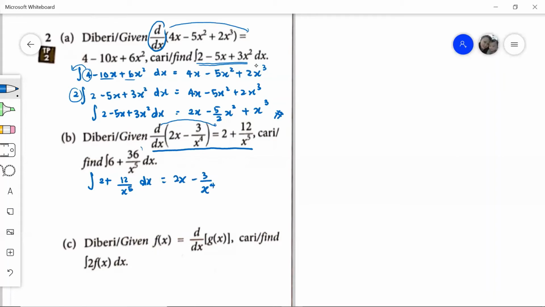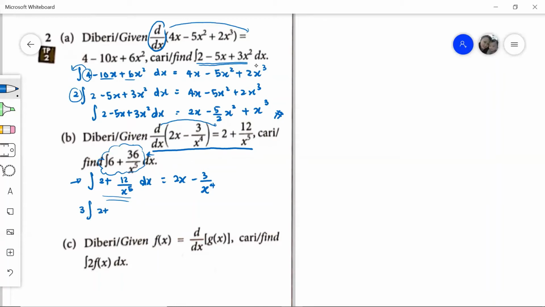Now let's compare the question and the expression that we just formed. In order for us to get back the 6 as given in the question, we need to multiply by 3. So let's multiply by 3 on both sides.